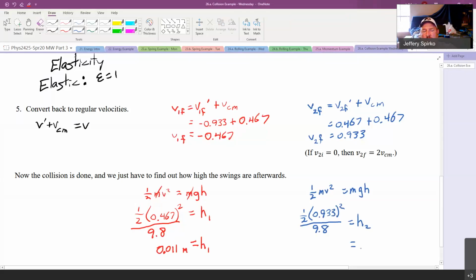H2 is equal to, okay, we can actually do it. 0.044.